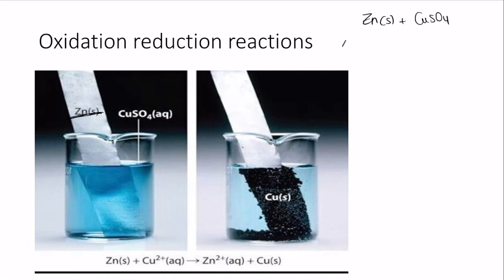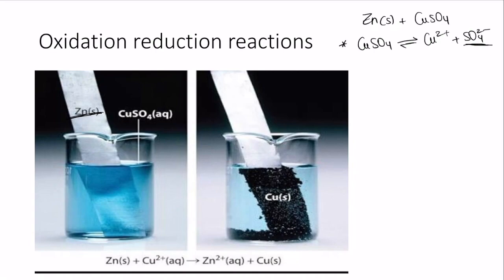Let's talk about the CuSO4. The CuSO4 dissociates in water into Cu2+ ions plus SO4 2-. I'm not really interested in SO4 2-; it's a spectator ion.